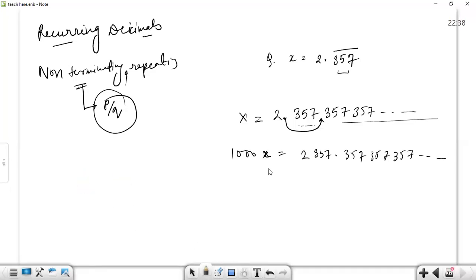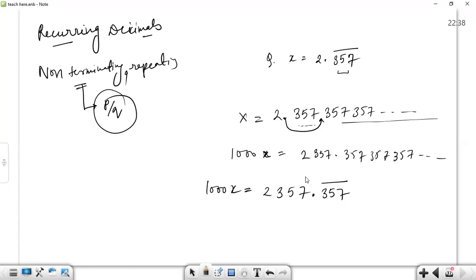So now 1000x. Let's represent 1000x better. 357 is getting repeated, so why not write 357 with a bar like this? Everyone agrees? Any doubts?